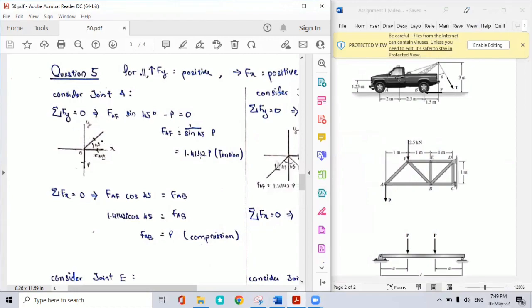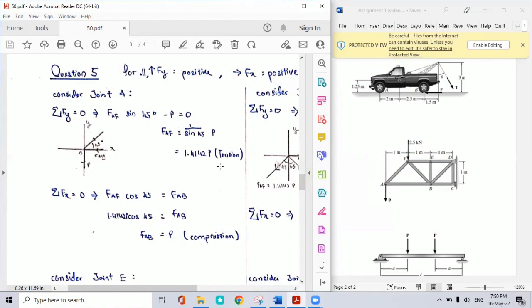We have to consider the force in different directions, and we know that we have P right here, right? So there will be a P force right here, and then the force AB right here, and then this is the force AF. So force AF multiplied by sine 45 to resolve in the vertical direction, and then we will have FAF equal to 1 over sine 45 P, which is 1.4142P.